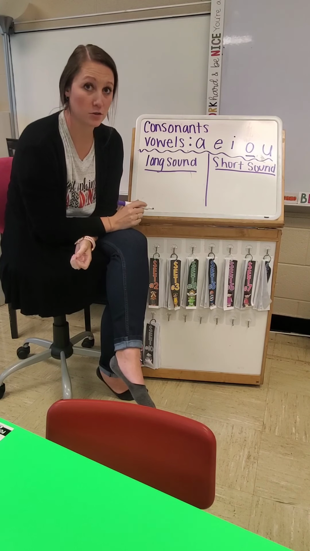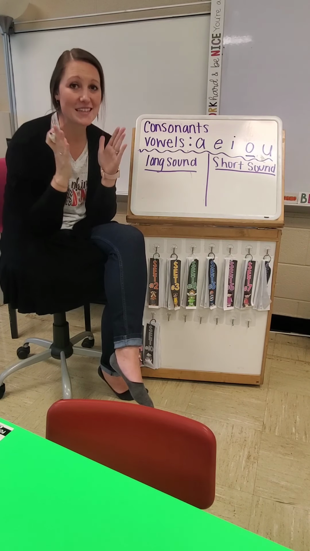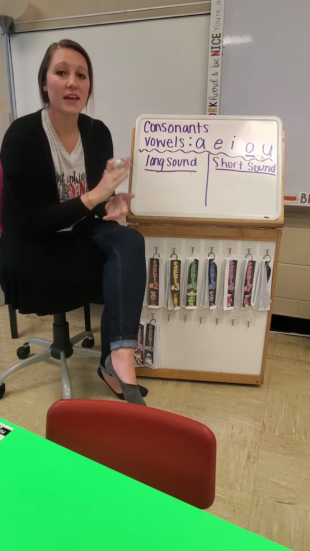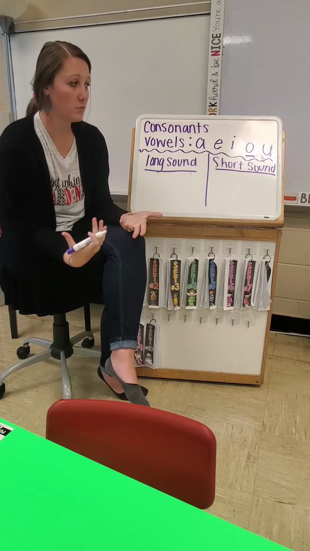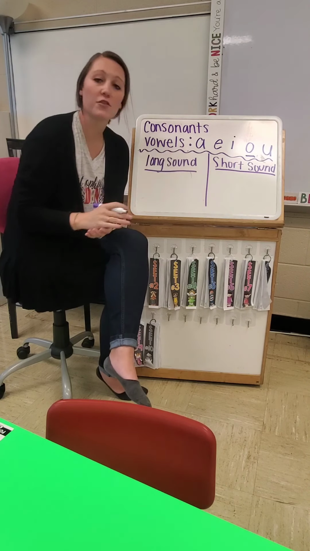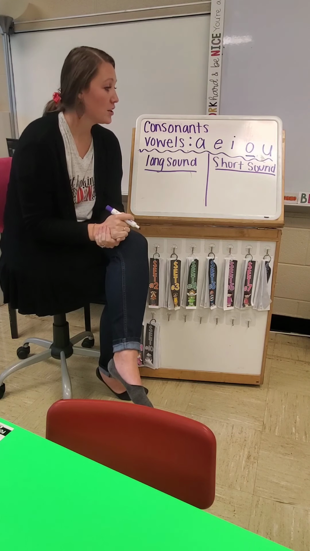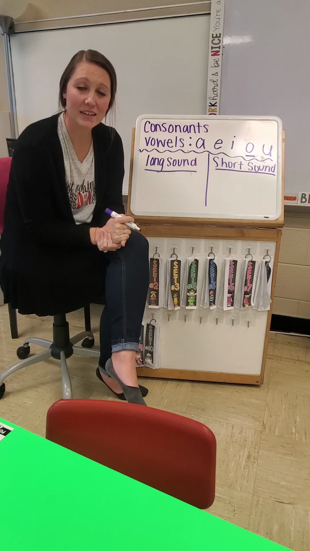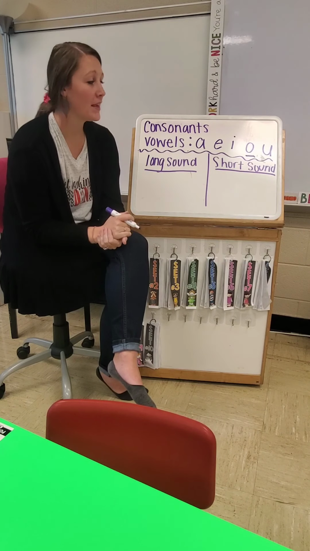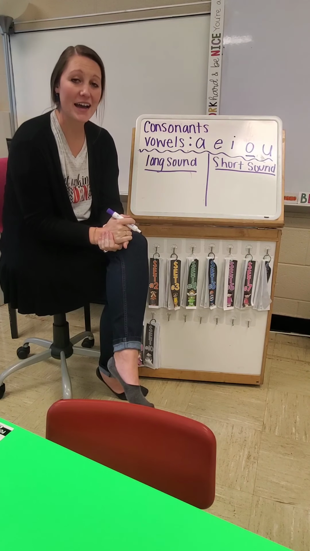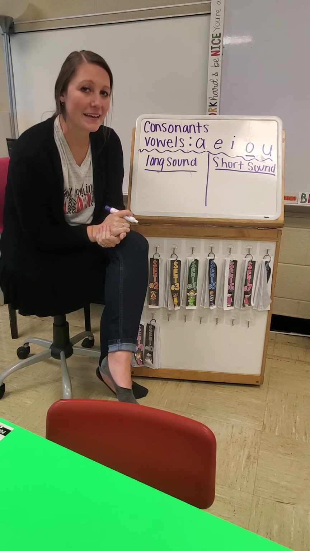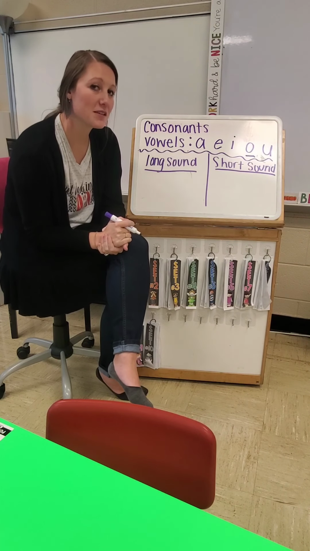That's why they're special. The short sound, they actually say their sound. So the short sound for A says A. The short sound for E says E. And the short sound for I says I. Can you guess what the short sound for O is?